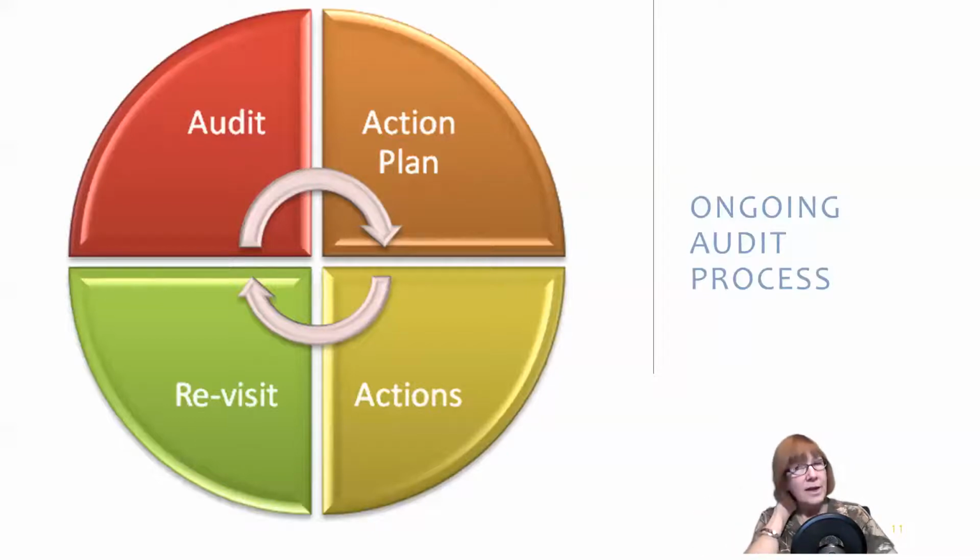You can do or recommend that they do an ongoing audit process. With that, you'll do a regular audit, create an action plan, do those actions, and then make sure that they actually have accomplished what they're supposed to do, and then come back and look at doing an audit again. Now, when you are doing this, remember from what we talked about before, these have to be realistic.